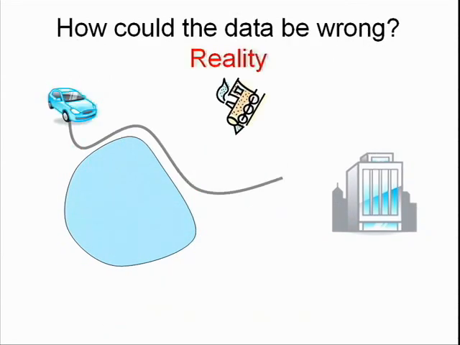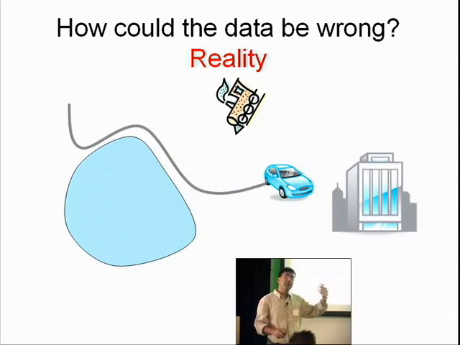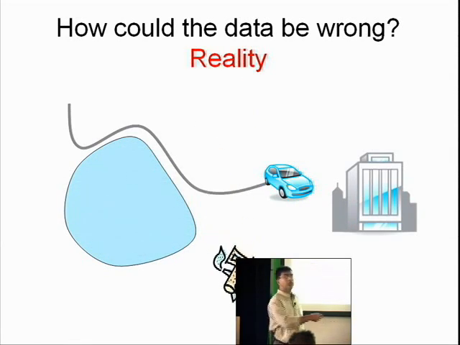Now, how could the data possibly be wrong? Let's suppose this is what happens in reality when no one is measuring anything. You do your commute, and then after the rush hour ends, there is a train scheduled to go across the road.